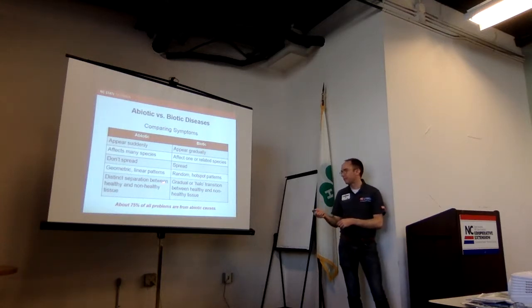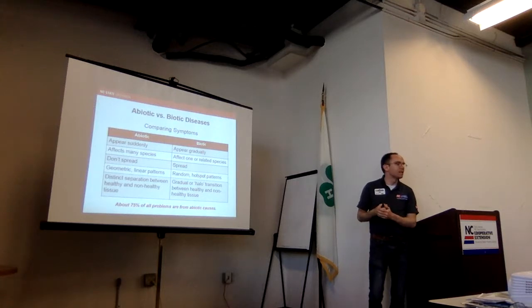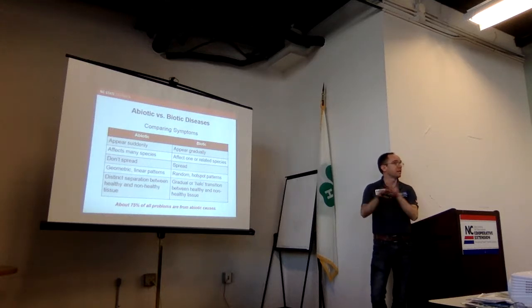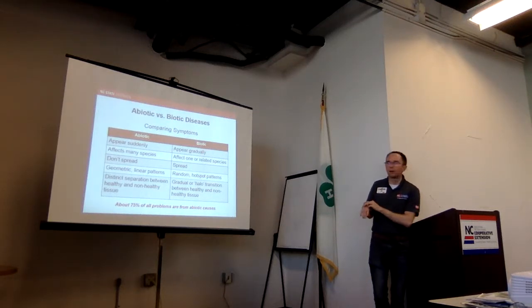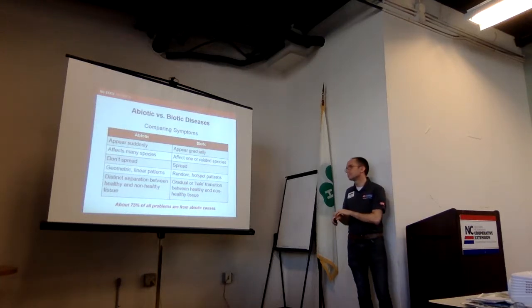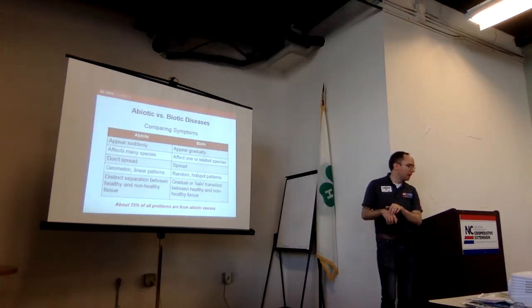This is a rough anecdotal number, but it's almost safer to assume that when a client brings in a problem, it's an abiotic problem. Start there, eliminating the possibilities of abiotic issues before proceeding to evaluating whether or not it is a pathogenic problem, a biotic problem. So start with abiotic.